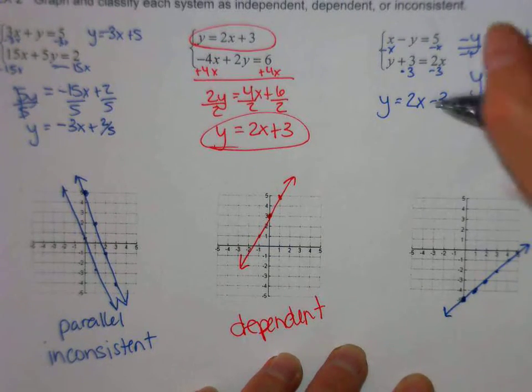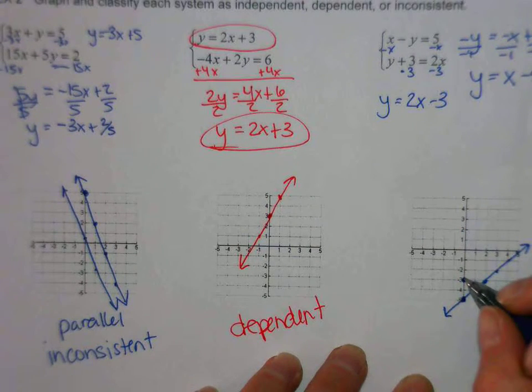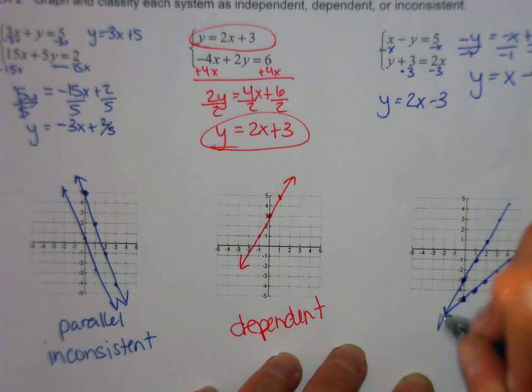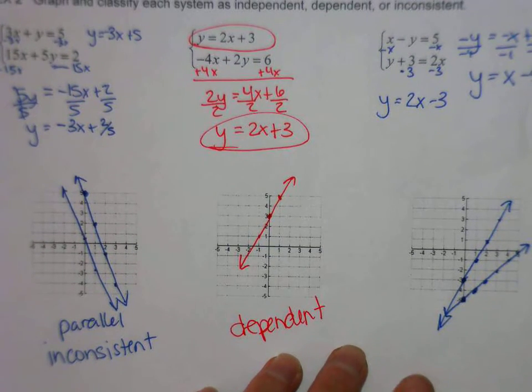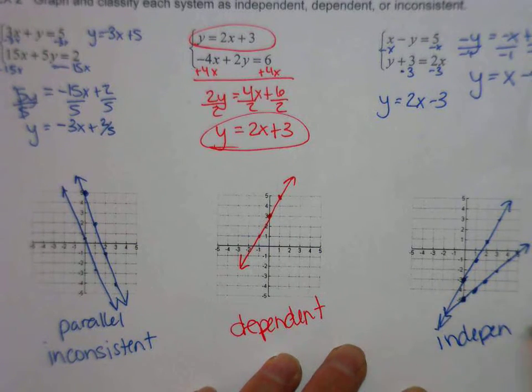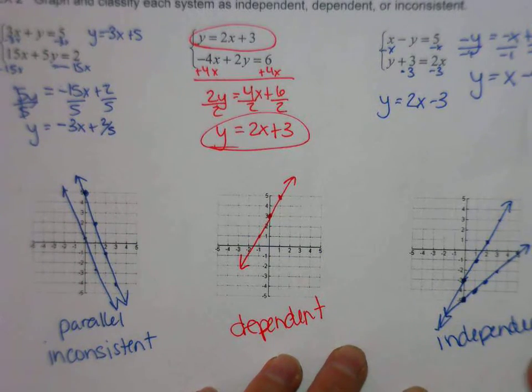In our second equation, we're at negative 3, with a slope of positive 2. As we can see in this graph, they will eventually intersect one another. Since they will intersect, it's an independent graph.